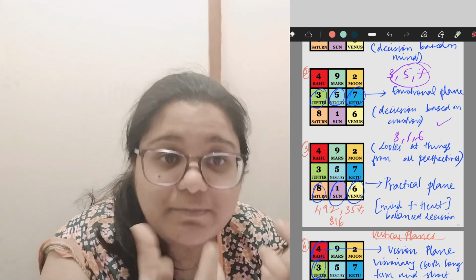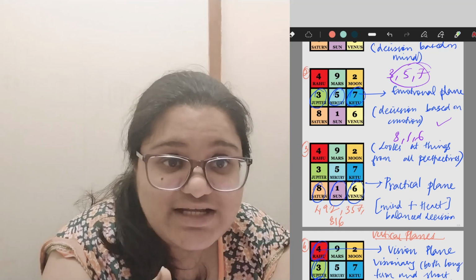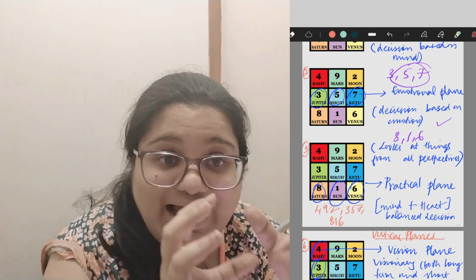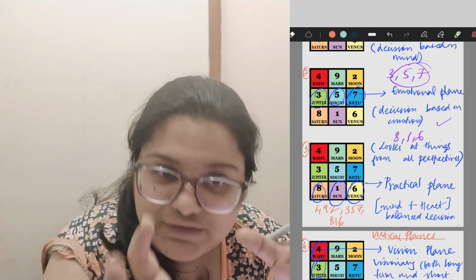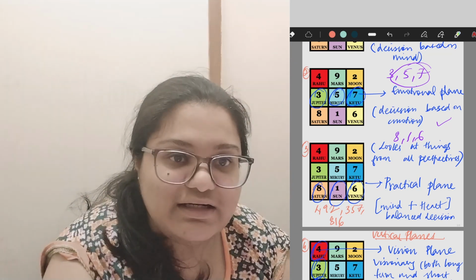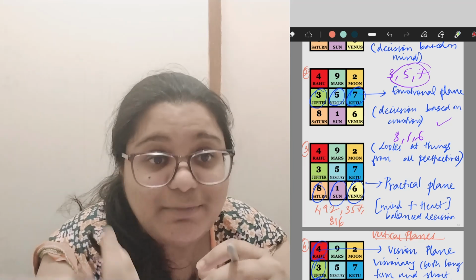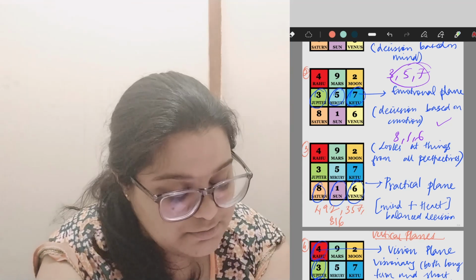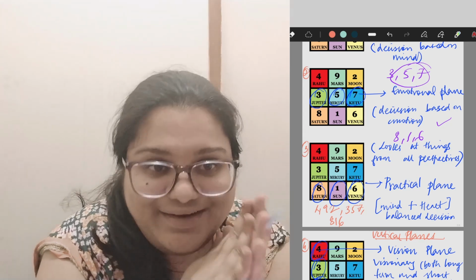It talks about entrepreneurship, it talks about expressiveness, and it deals with how you're emotionally and physically dealing with all of this. That is why both your practical or logical plane, your mental plane, along with your emotional plane, being balanced is interpreted in the numbers 8, 1 and 6.